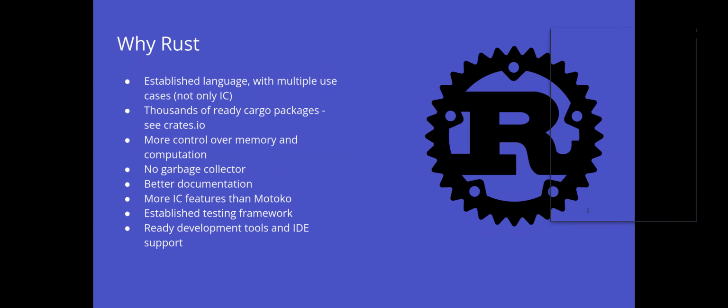You cannot call them from Motoko. And let's go to the last two things. You have an established testing framework, which is actually part of Rust, which I will show in a moment. And you have quite good IDE tools and support for the Rust language.